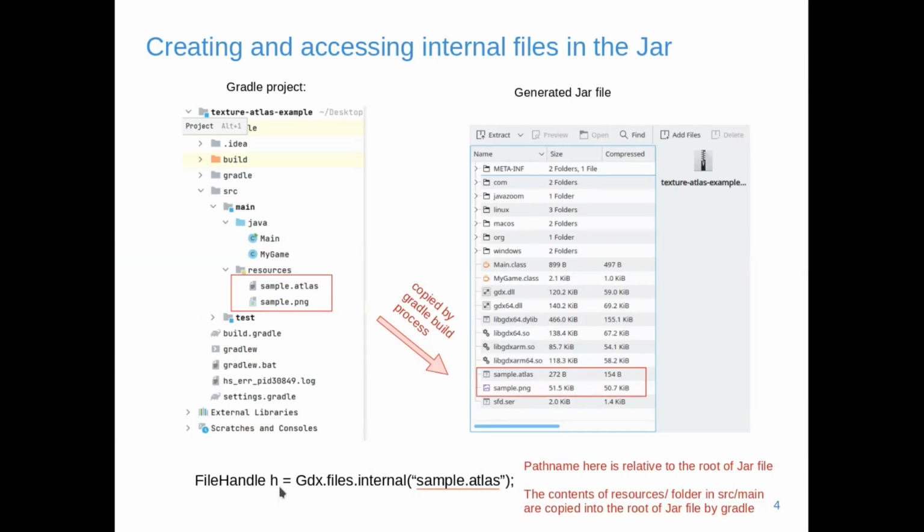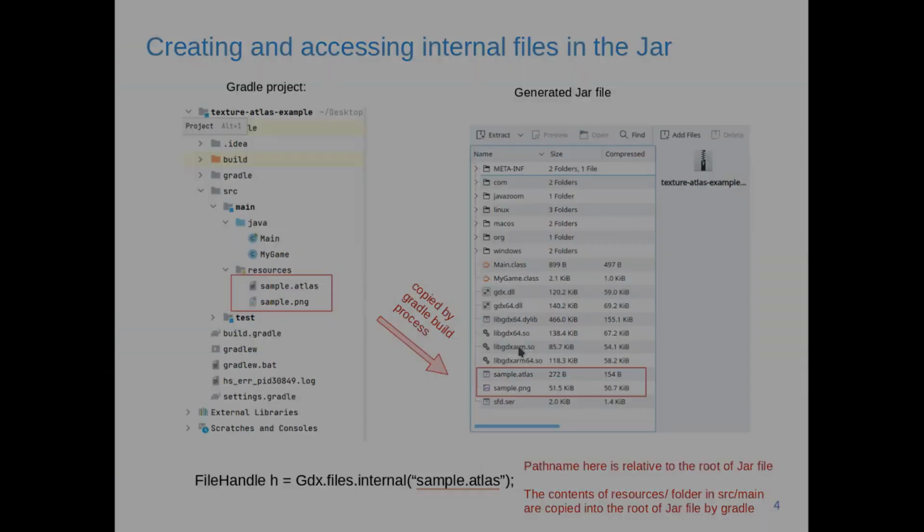So to access them in my application, I write gdx.files.internal, and in brackets, I just specify the file name on its own. And that means that the application will go into the root of the jar file, and it will look for these files there. If I create any subfolders underneath resources, they will become subfolders in my jar file.